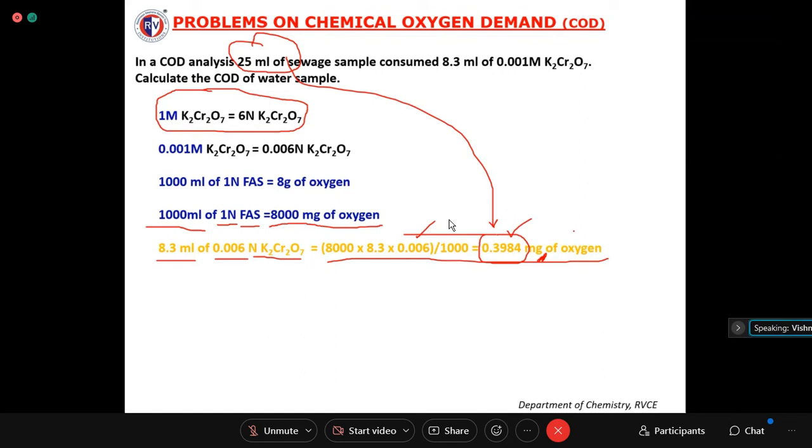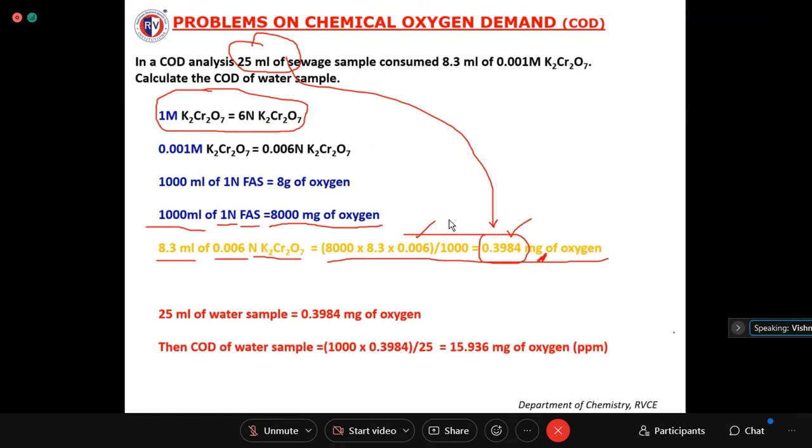Number of milligrams of oxygen required to oxidize all the oxidizable impurities present in 1 dm cube of water. That means the definition says it is for 1 dm cube of water. For 25 cm cube of water sample, that is 0.3984 milligram of oxygen. Clear?